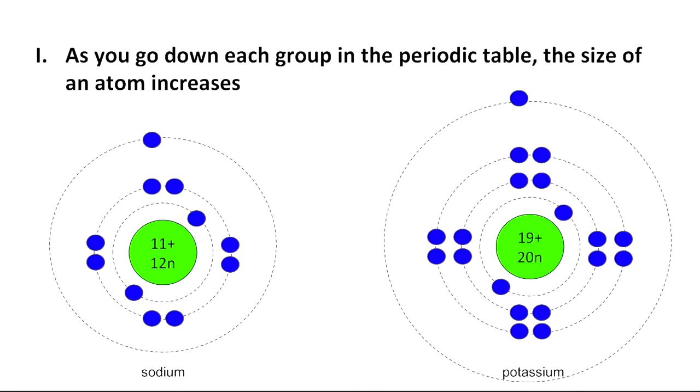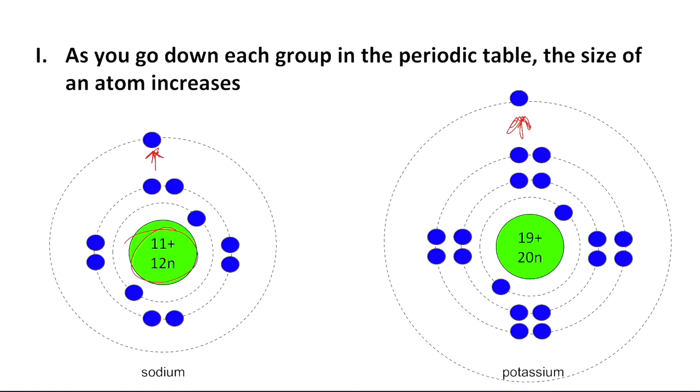So notice here with the diagram, we have a greater number of electrons on the innermost energy level, and this one electron, the one valence electron found in potassium, is further away. Why? Because these electrons on the inside will repel that one lonely valence electron.